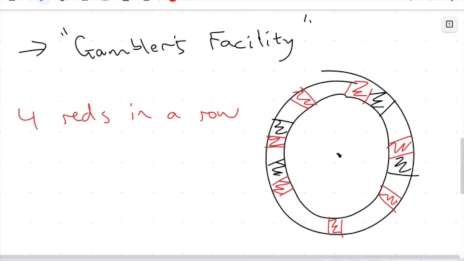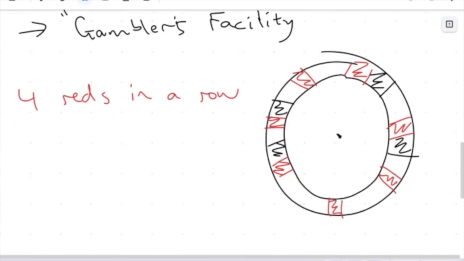It's not like once we roll a red, one of our things is going to disappear, giving us an opportunity for more blacks. The number of these red portions here never changes. So we're always measuring the same sample space.